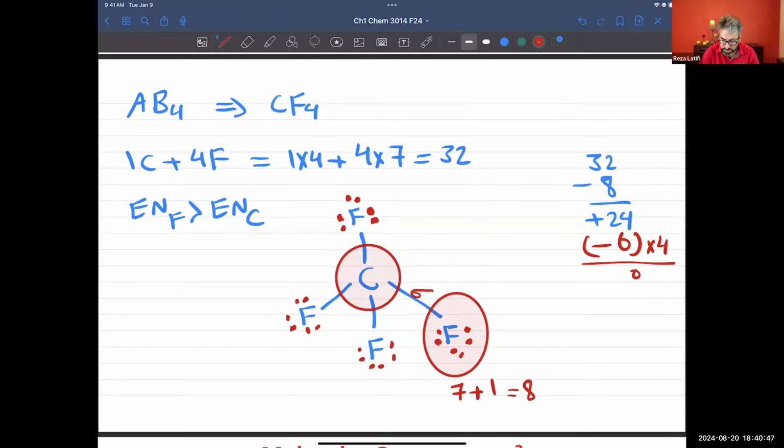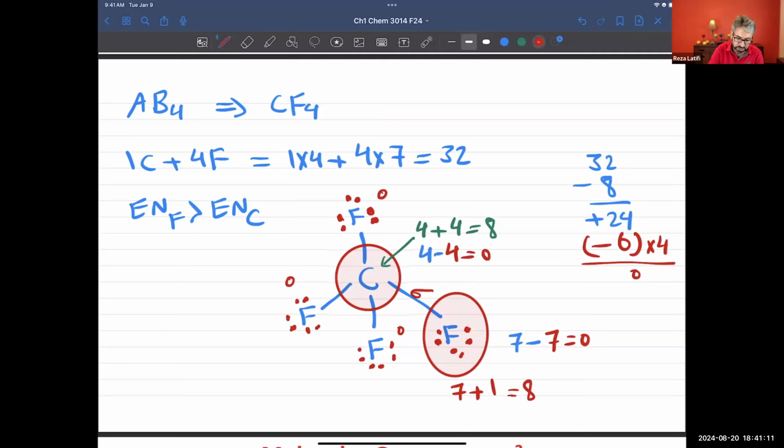And how about the formal charge? Fluorine is a group 7, and I see 7 electrons around it. So the formal charge is 0. The formal charge for all fluorines will be equal to 0. How about carbon? I see 4 electrons inside the circle. We made 4 bonds, so it will be 8. Carbon is a group 4. How many electrons inside the circle do we see? We see 4 of them.